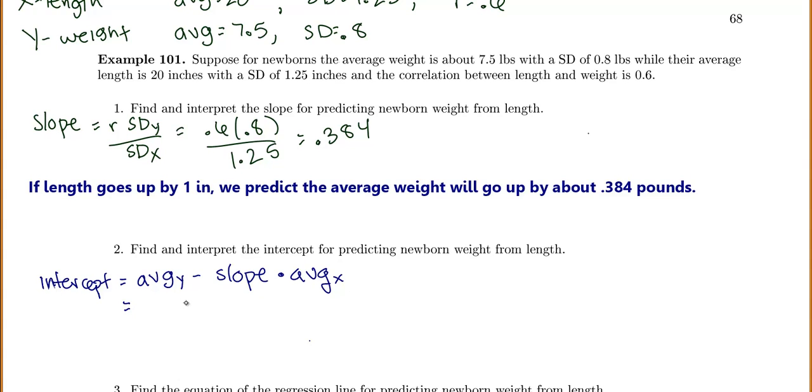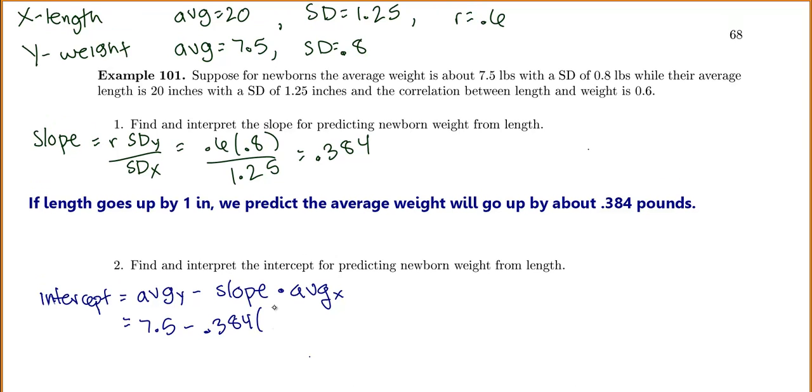The average of y is 7.5, our slope is 0.384, and the average of x is 20. This gives me negative 0.18.